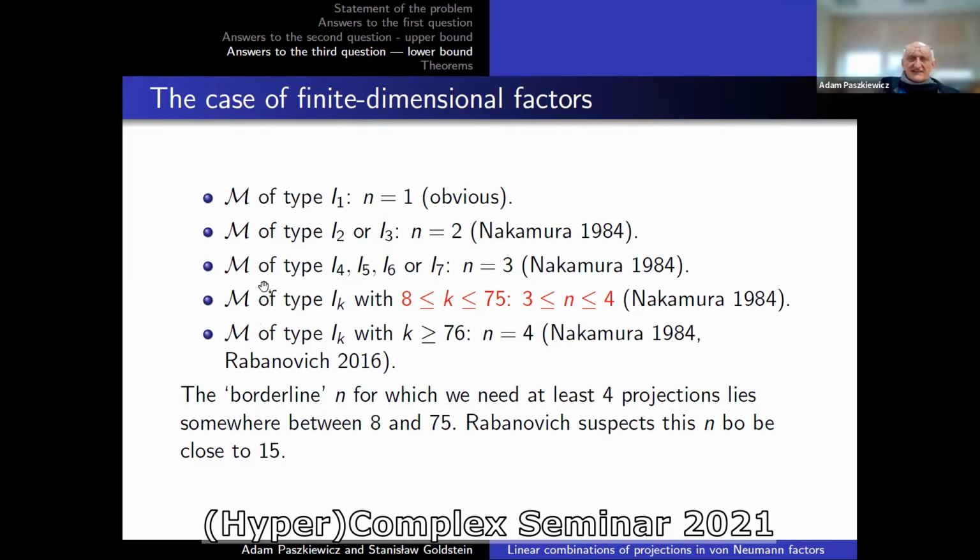So this n depends on the dimension of the space in the following way. It is precisely described only for k between 8 and 75. We don't know if it's 3 or 4 up to now.